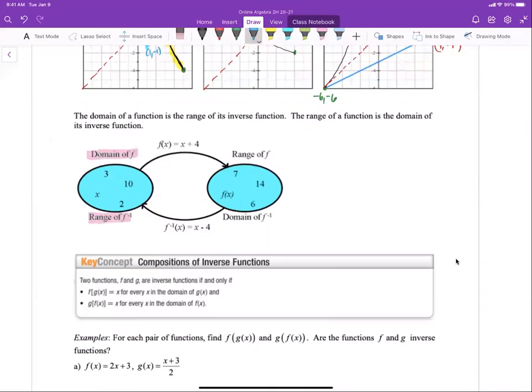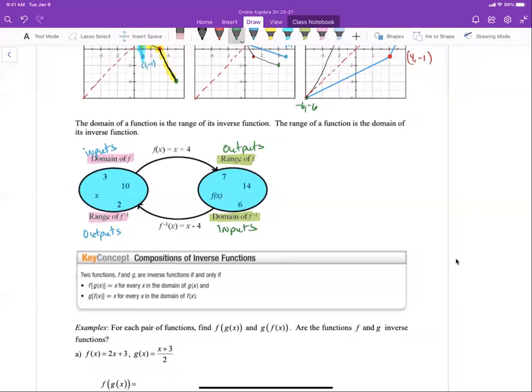Domain again is my inputs. Those values become my outputs of my inverse function. And in the same fashion, my range of f becomes my domain of my inverse of f. These are my outputs. Those outputs become my inputs.